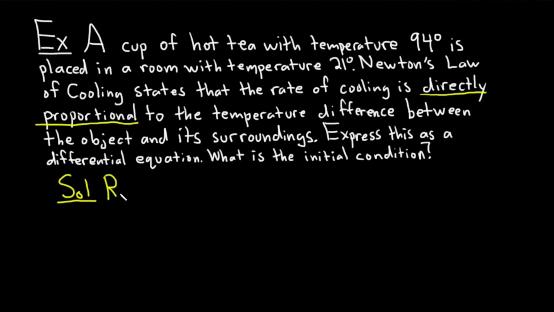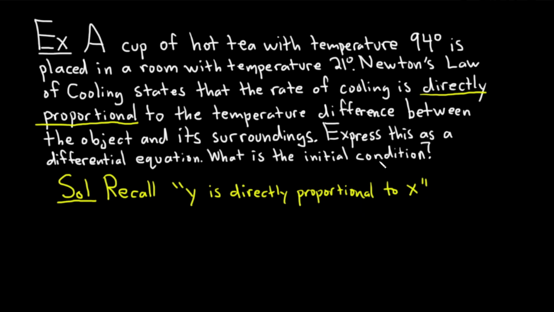So recall, if someone says y is directly proportional to x, that means that y is equal to a constant k times x, where k is called the constant of proportionality. So y is directly proportional to x, y equals k times x. So you basically put an equal sign and then multiply by a constant, and then you have your x.